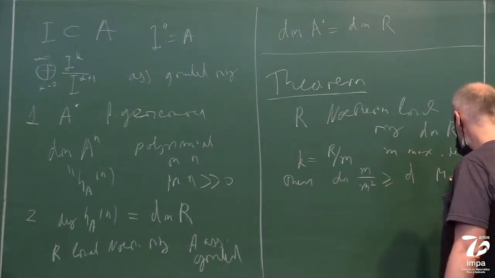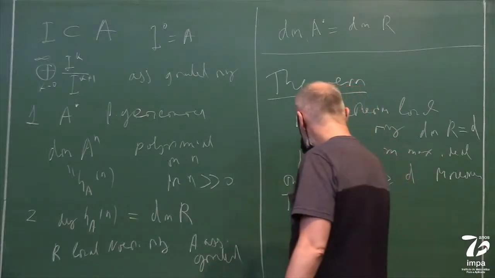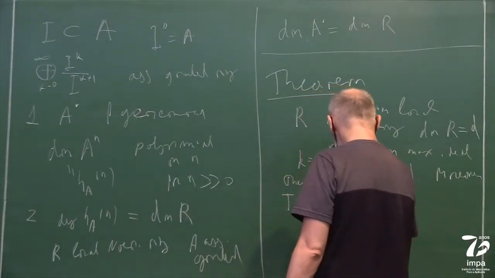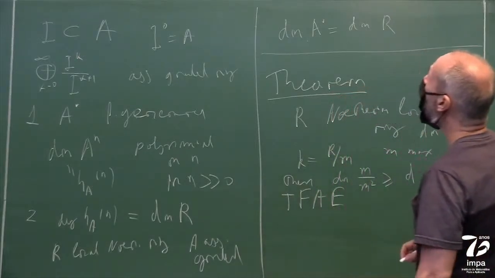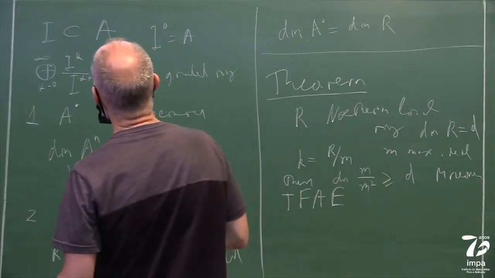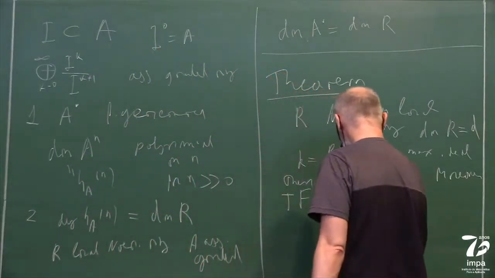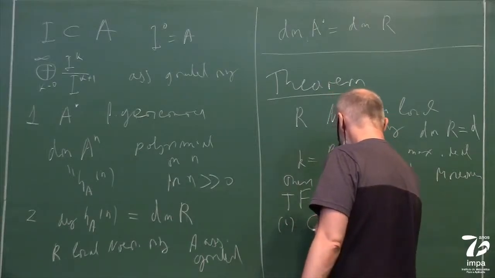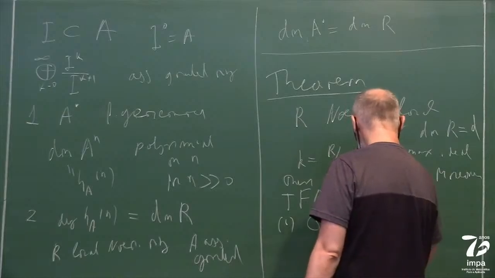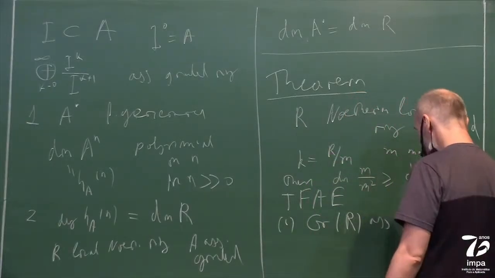And moreover, the following are equivalent. The first condition is that the associated graded ring, let's call it GR of R, is polynomial.